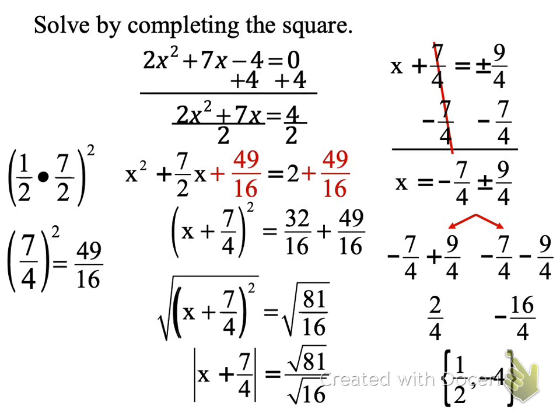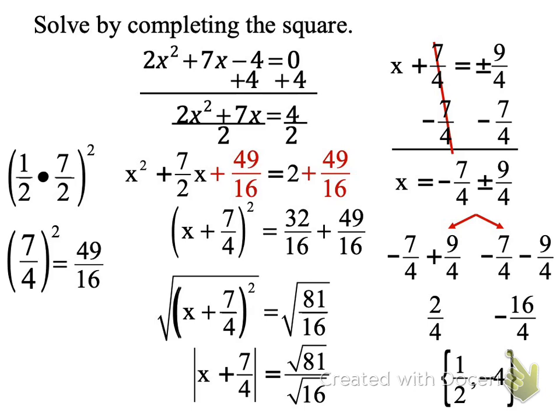Okay, questions? So do you understand what to do with the lead coefficient? Julia, what point did you get confused? Did you just get confused because of the lead coefficient, or are you confused on the whole process? I get confused on how you figure out what you're adding.